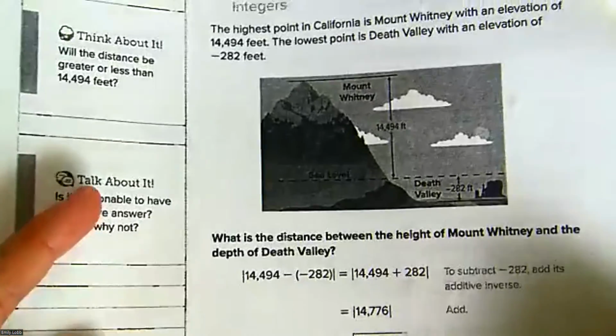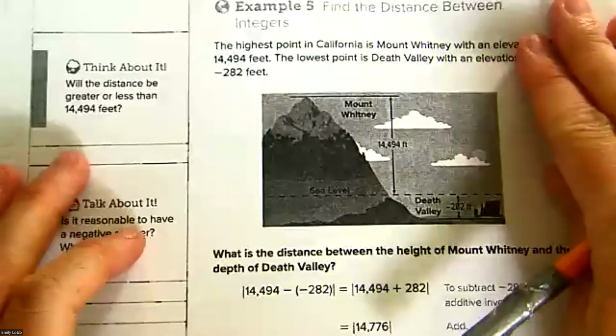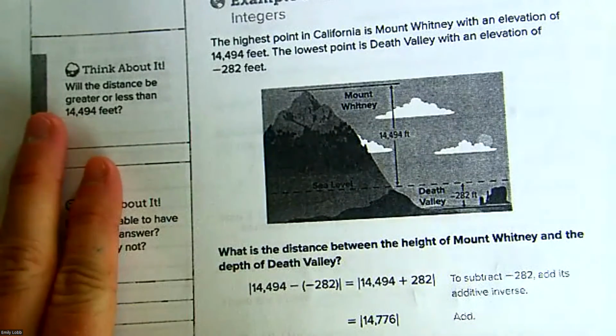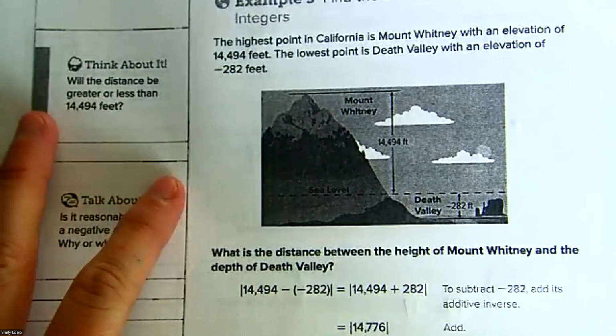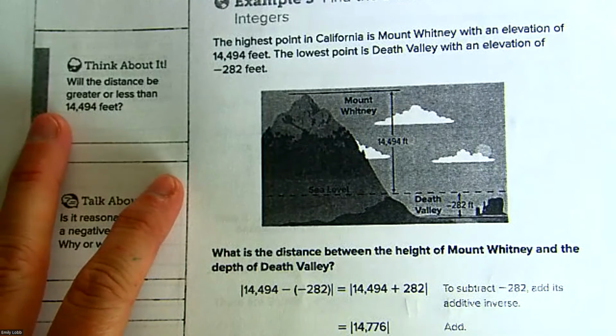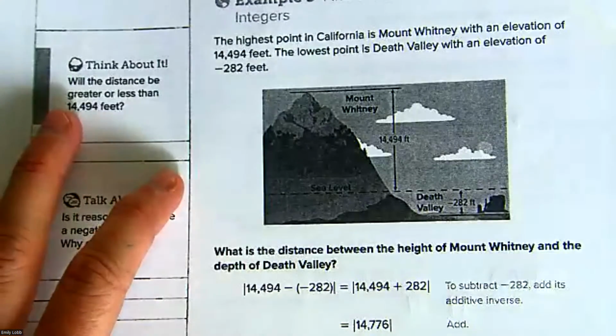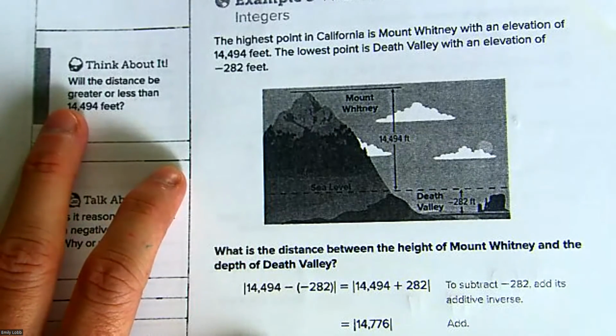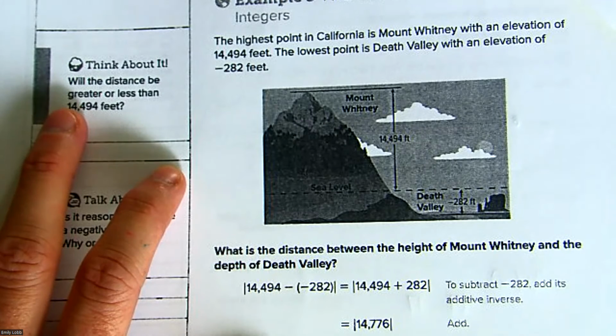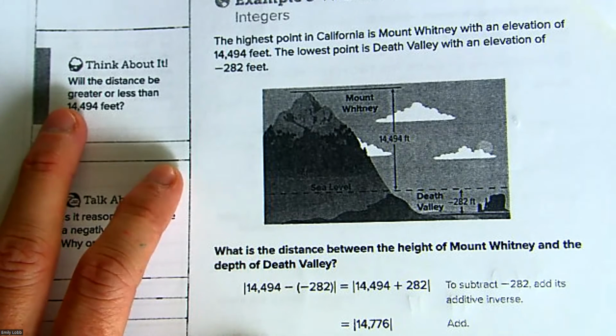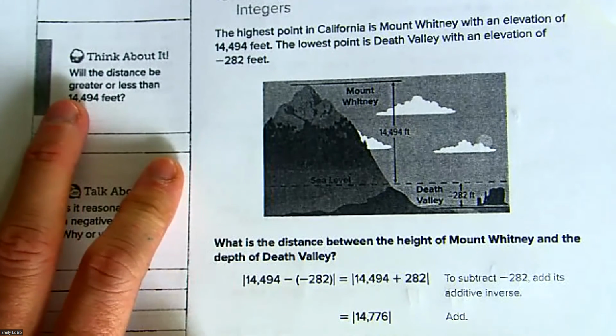All right. Example 5. The highest point in California is Mount Whitney with an elevation of 14,494 feet. The lowest point is Death Valley with an elevation of -282 feet. What is the distance between the height of Mount Whitney and the depth of Death Valley?